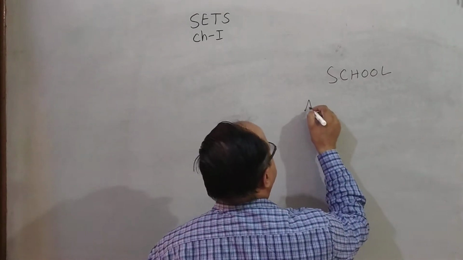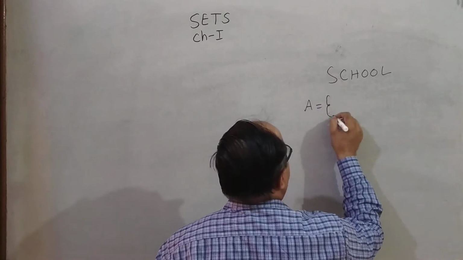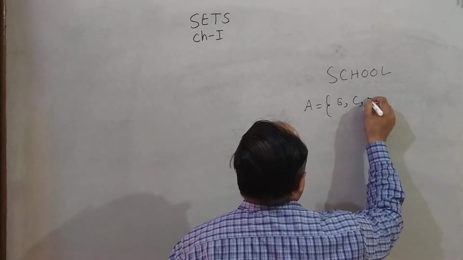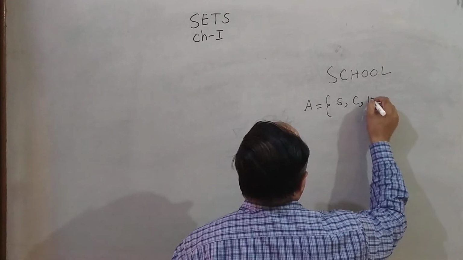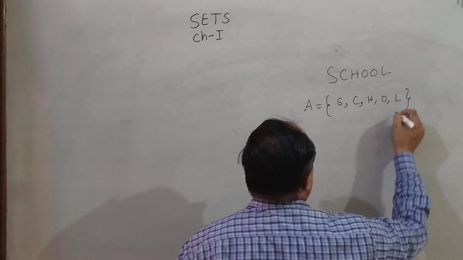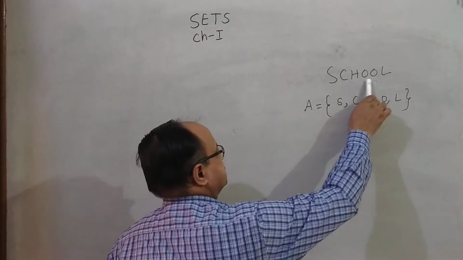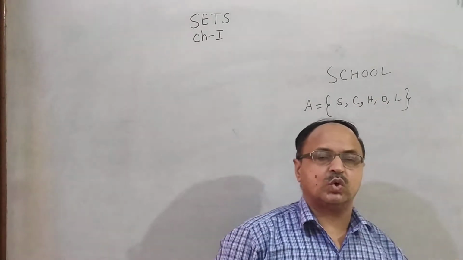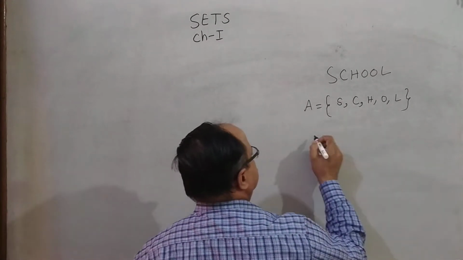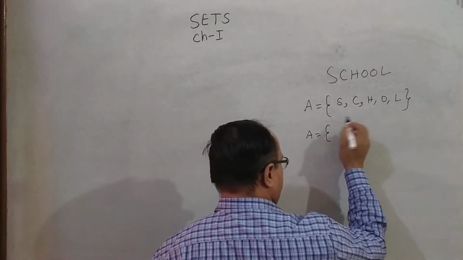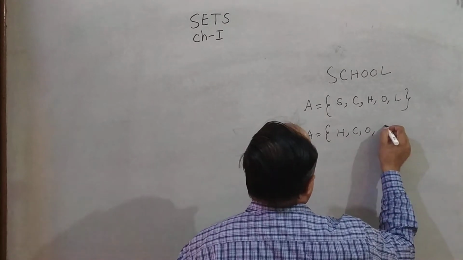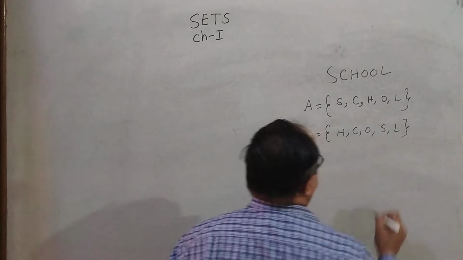So you can write S, C, H, O and L. But you know that the letter O is repeated two times, then you write it here one time only. You can write in any order. You can also write H, C, O, S, L. Clear?